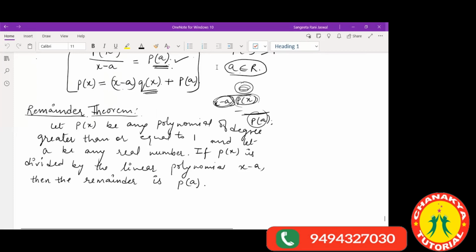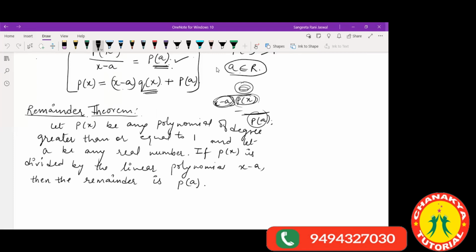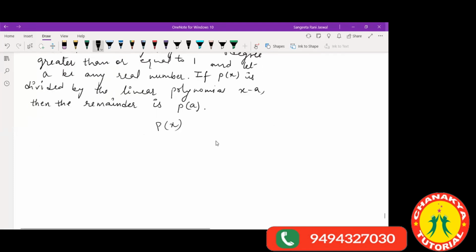Okay, now coming to factor theorem. See now, to explain you this, I said if a polynomial, if px is some polynomial, and I divide this polynomial by some other polynomial, and that polynomial is x minus a, okay, I have this polynomial px and I divide this polynomial with another polynomial x minus a, I get the remainder as p of a.